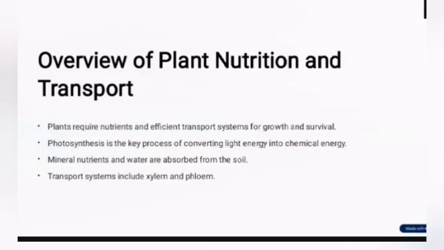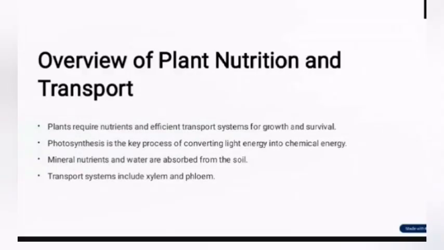How is it that this food is produced at one end in the leaves, to be more specific in the chloroplast of the leaves using the chlorophyll, and then utilized somewhere in the roots? The root is also a living cell. It needs energy too. So plants, first of all, that's the first point I'm establishing, require nutrients.